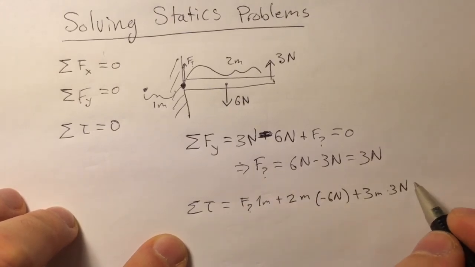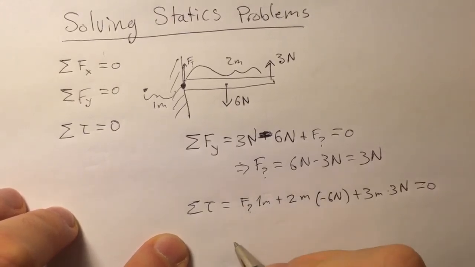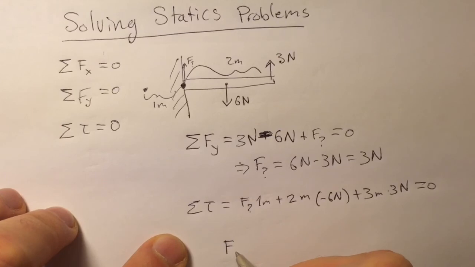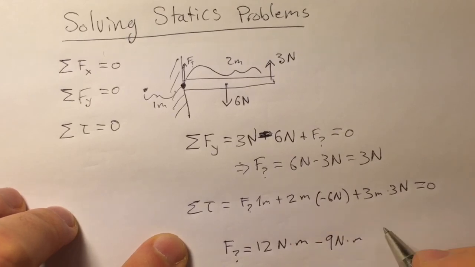Okay, so we set this equal to 0, and then we find that F question mark is equal to 12 newton meters minus 9 newton meters, and that's equal to 3 newtons.